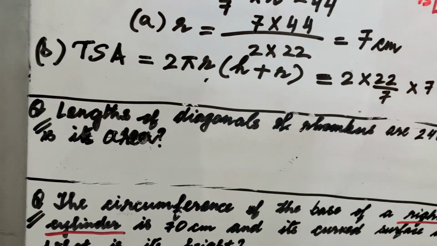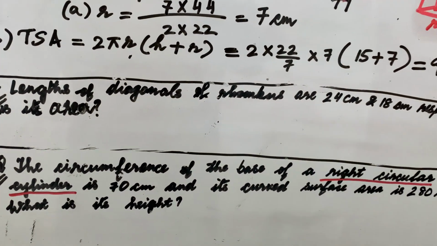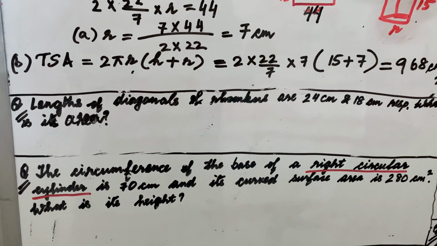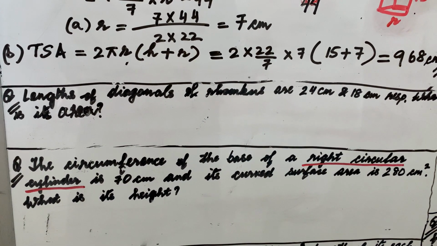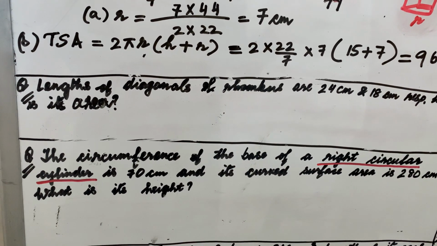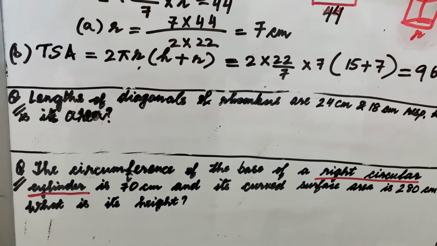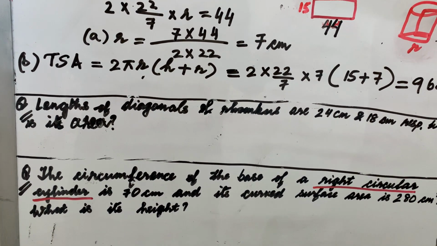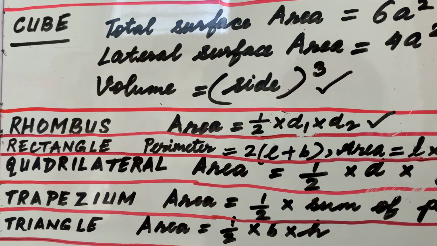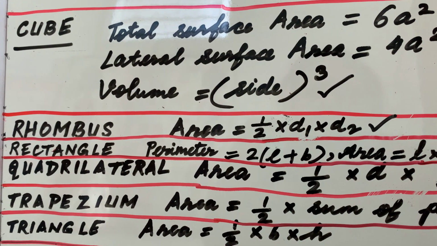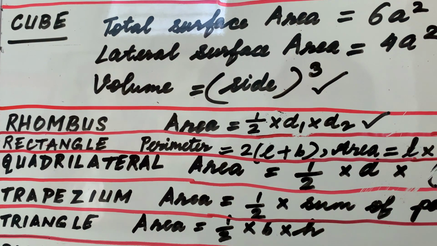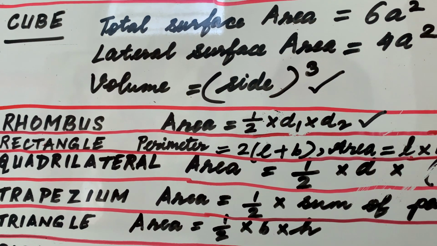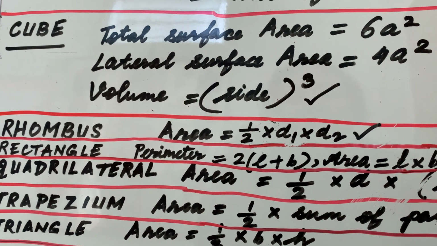Next problem. Lengths of diagonals of a rhombus are 24 centimeter and 18 centimeter. What is its area? Now, if you remember, what is the area of a rhombus? Area of a rhombus is equal to half into d1 into d2, where d1 and d2 are the diagonals of the rhombus.